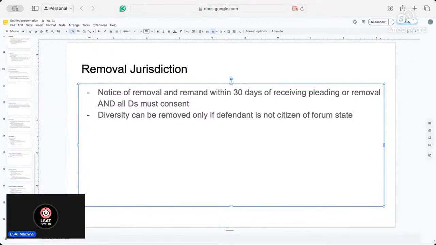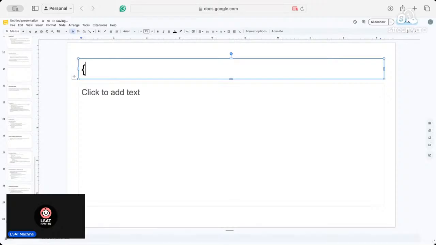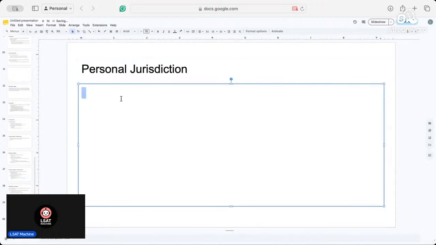And then we'll go to personal jurisdiction. This is when a court can, well, how do you decide what court the person is going to be brought to, or more, how they decide the court you'll be brought to.